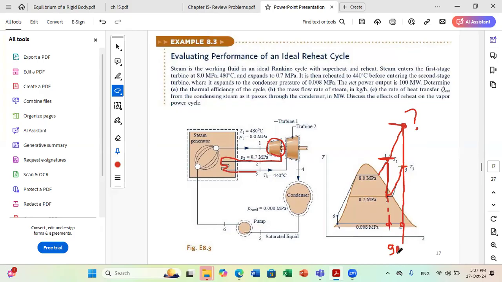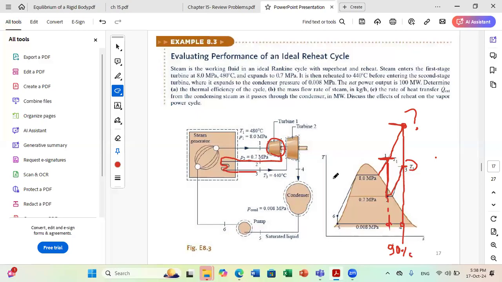To obtain this quality, what should be the exit temperature from the boiler? In this way we can vary our parameters to study the effect of this temperature on the quality and on the performance and thermal efficiency of the system.